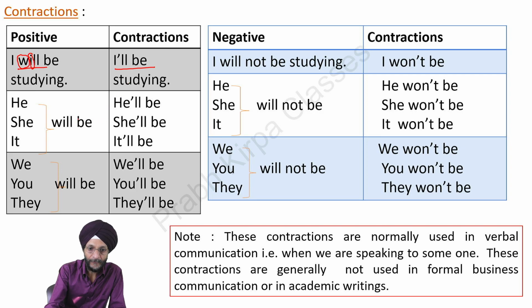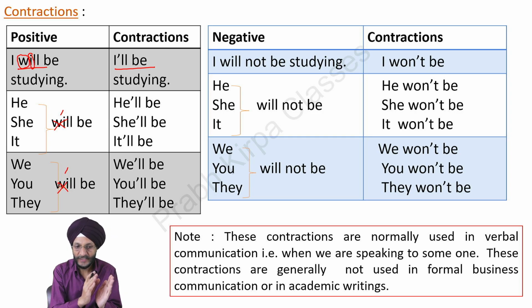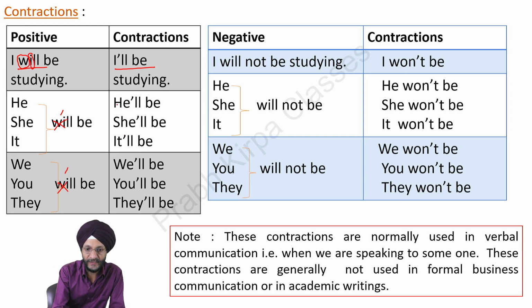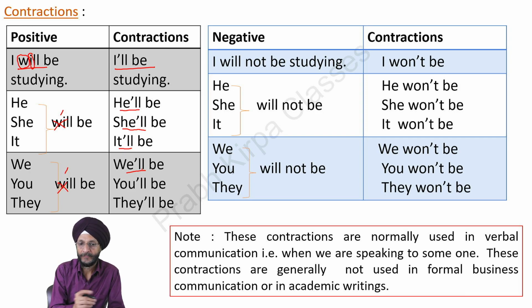W and I have been omitted and we have added an apostrophe. Simply, an apostrophe has been added and the subject and will have been made joint. He, you can see here, he'll be, she'll be, it'll be. That is, will has been amended, wi removed, apostrophe added.